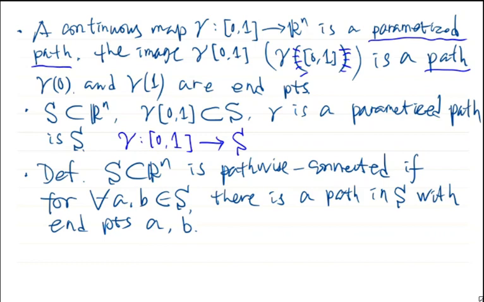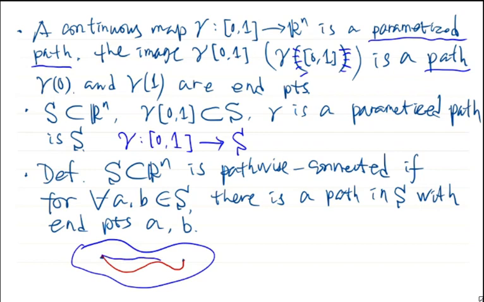Therefore, a set is path connected if any 2 points in the set can be connected by a path in this set. Okay, so geometrically, this set is path connected because any 2 points can be connected by a path completely contained in S. Of course, such a path need not be unique. There can be many.